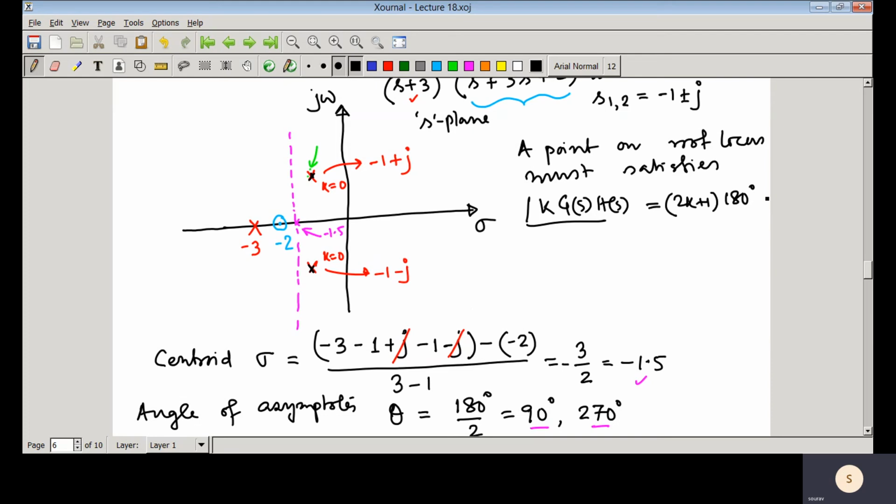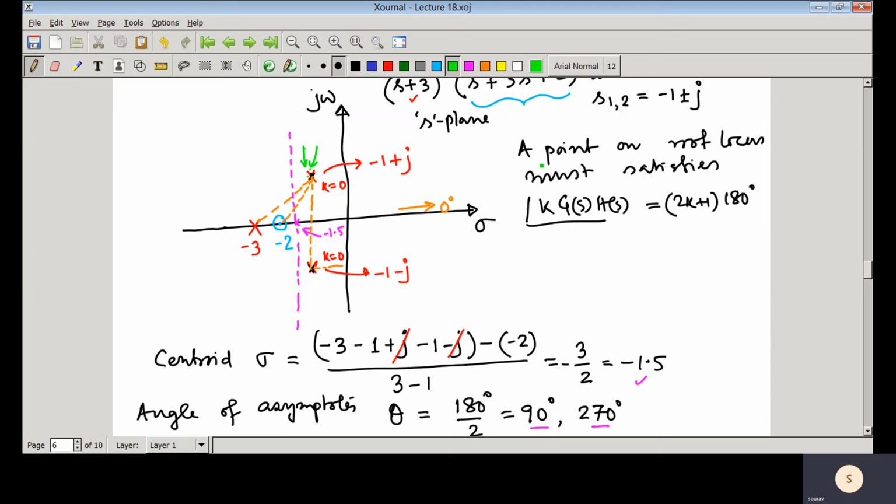So now here we can see that if we draw the vectors from this open loop pole, and this zero, and here you have one pole. So this is the reference axis, that is the 0 degree. Now you can see that we have considered a point which is very close to this particular pole.